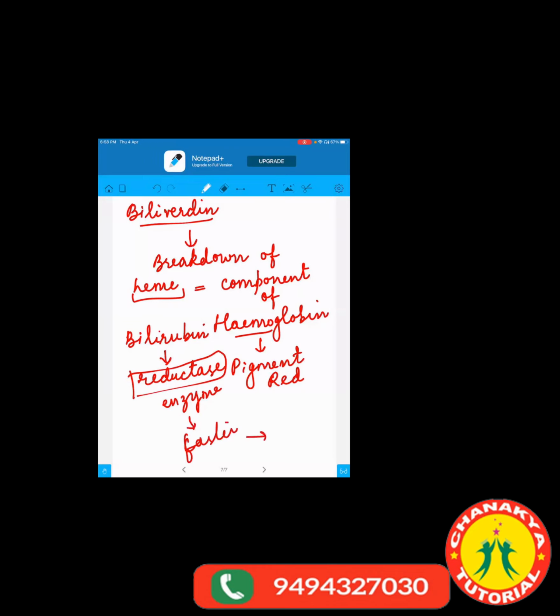Whatever old cells are there, they will be converted by the bilirubin. Once they are converted, the next part will be done with the biliverdin. They will break down the hemoglobin part again, and then they will act as an antioxidant.